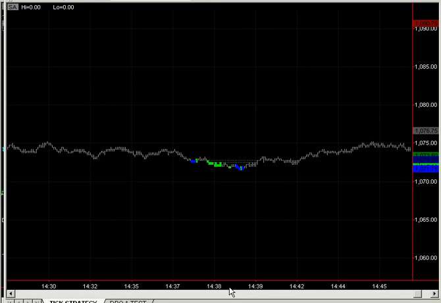Now we plot divergence on the ES itself, even though the divergence is coming off of the VIX. We have a unique method of plotting that from a different data feed, plotting it right onto the ES. So, just a quick review.